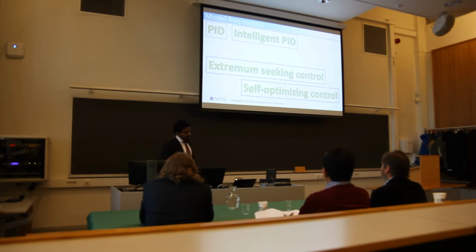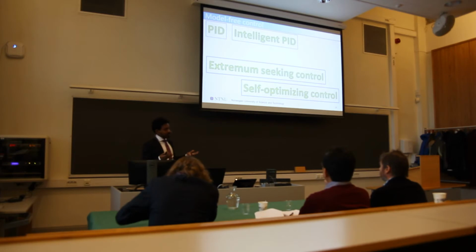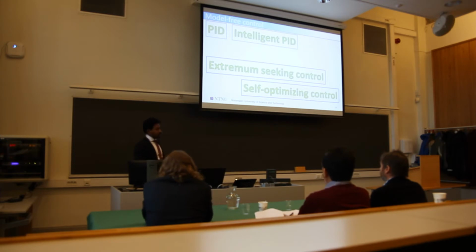So PID has been the workhorse of control engineering for decades. And slowly it has been figured out that PID tuning is a complicated issue. The only reason where PID fails is because the loops are oscillating, and that's because the tuning is poor. And that's where something called intelligent PID came in, where we try to relearn what should be the tunings so that it continues to function optimally.